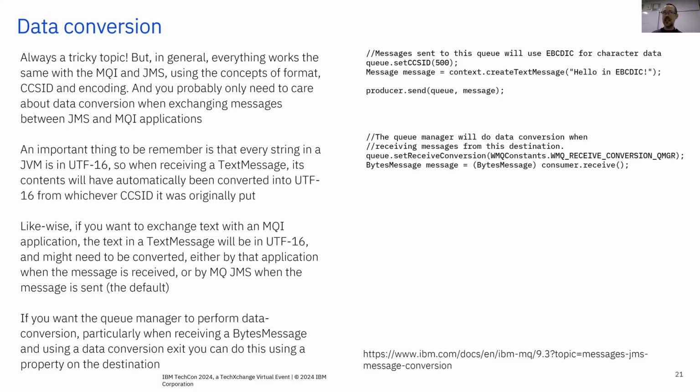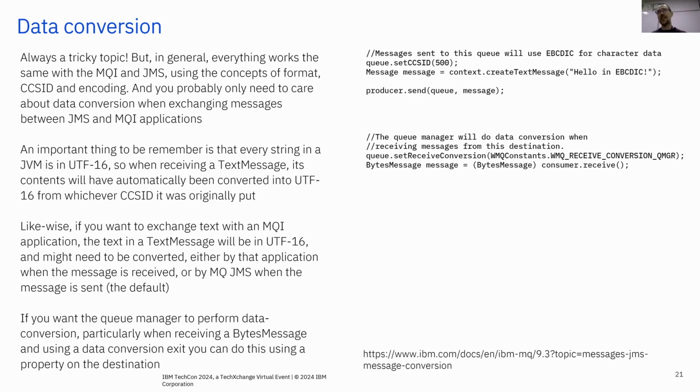So if you send an EBCDIC message from MQ on z/OS via the MQI into a queue and it's received by a JMS application, as part of getting that message via the JMS API, that EBCDIC code page message will have been converted automatically via the MQ APIs into Unicode, and that all happens automatically.